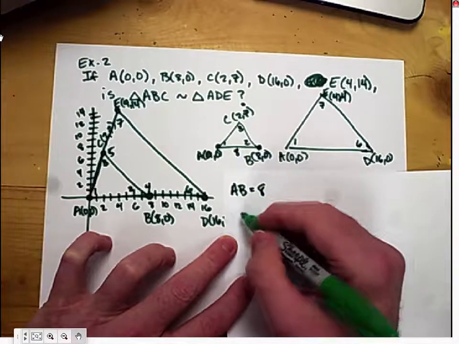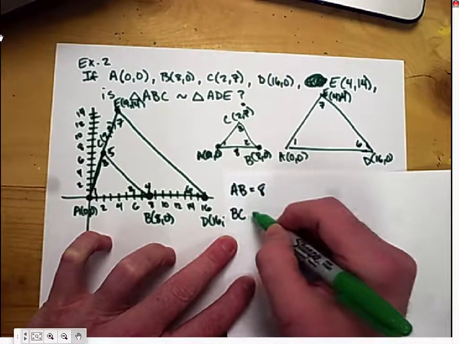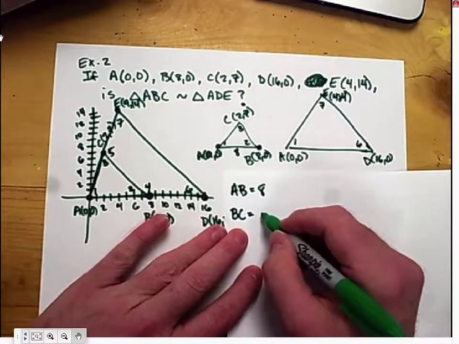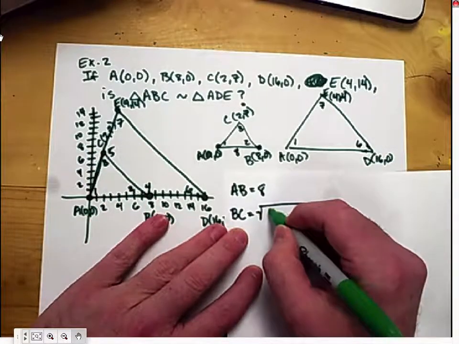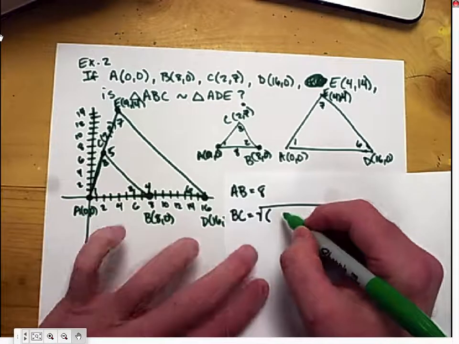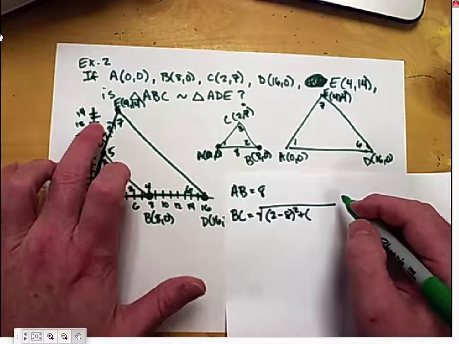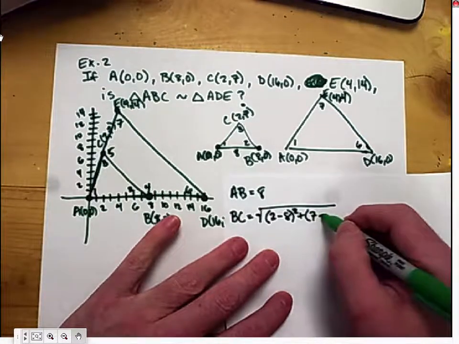Okay. What is BC? Now that's not one we can count, right? We got to use the distance formula, which says it's the square root of the difference in the x's, 2 minus 8 squared, plus the difference in the y's, 7 minus 0 squared.